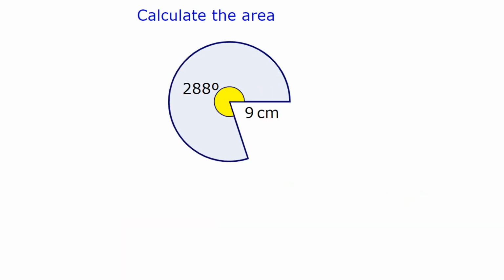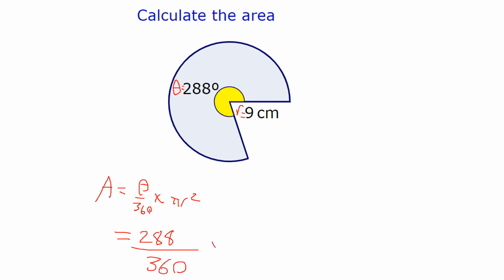Let's look at another example in case you didn't understand that. This time we have theta is equal to 288. The radius is still equal to 9. So the area is still going to be theta over 360 times pi r squared, which is the same as 288 divided by 360 times pi times 9 squared.